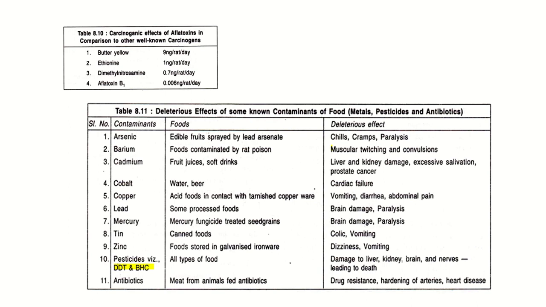So in that area, the fruits and fruit juices, and sometimes soft drinks also, are affected. It will cause liver and kidney damage in human beings, excessive salivation, and prostate cancer is also prevalent through this cadmium toxicity.